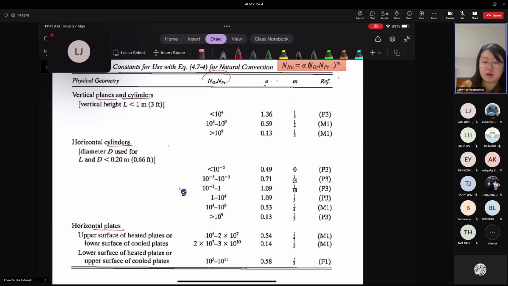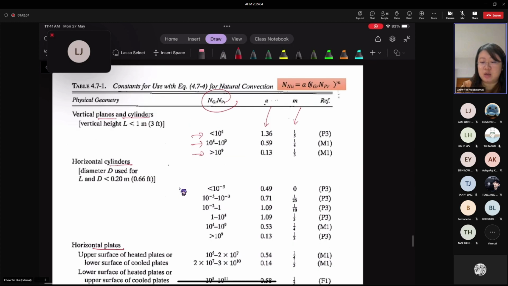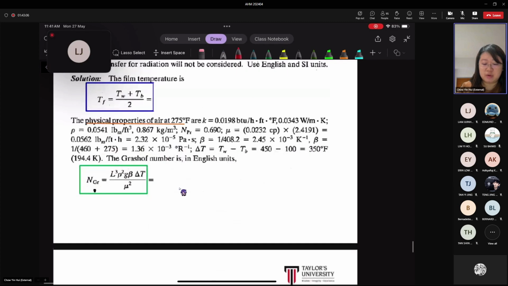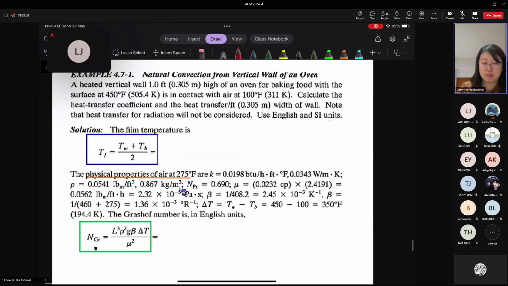Depending on the product of your Grashof number and Prandtl number, you check the range, then you can refer to the A value and M value that you should apply to this correlation. Now let's try the last example so that you have an idea how we can apply the correlation.